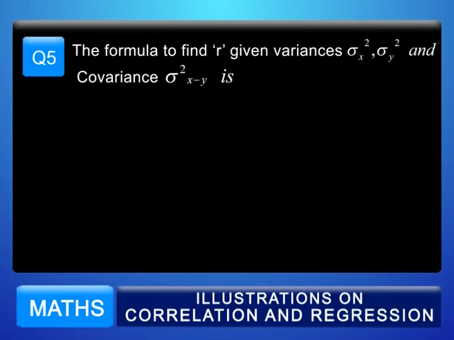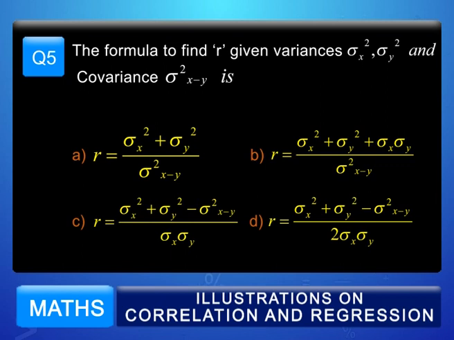Question number 5. The formula to find coefficient of correlation R given the variances sigma x squared, sigma y squared and the covariance sigma square x minus y is option A, R is equal to variance of x plus variance of y by the covariance between x and y. B, R is equal to variance x plus variance y plus standard deviation of x into standard deviation of y by the covariance.